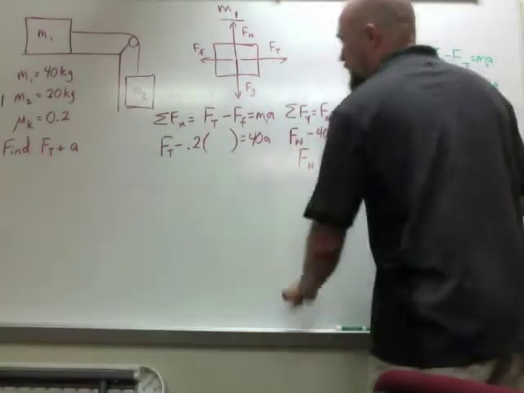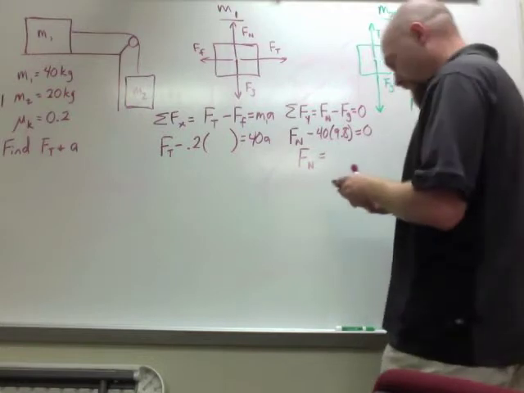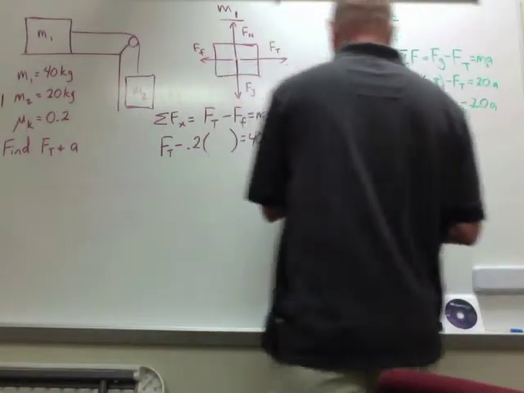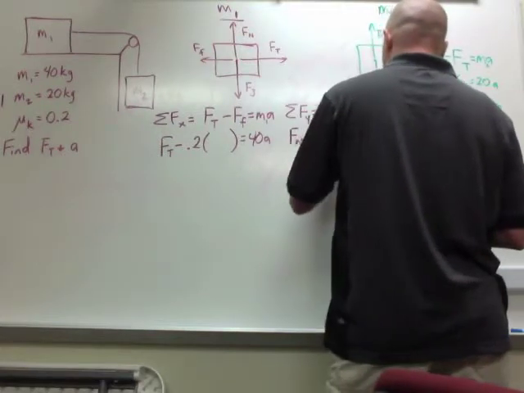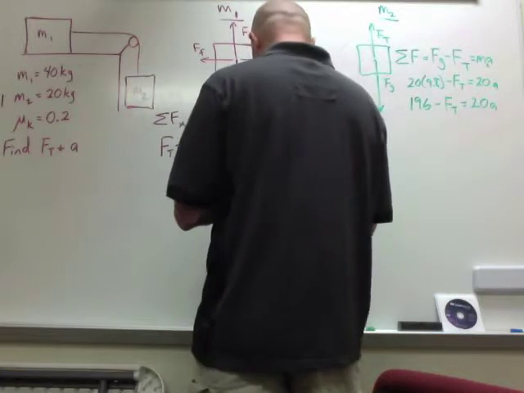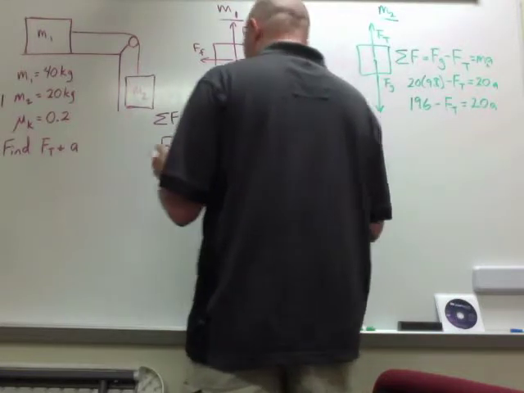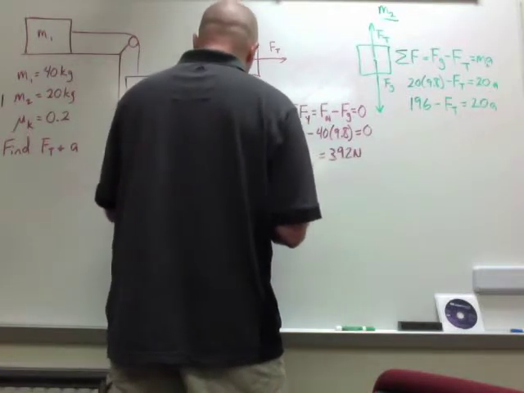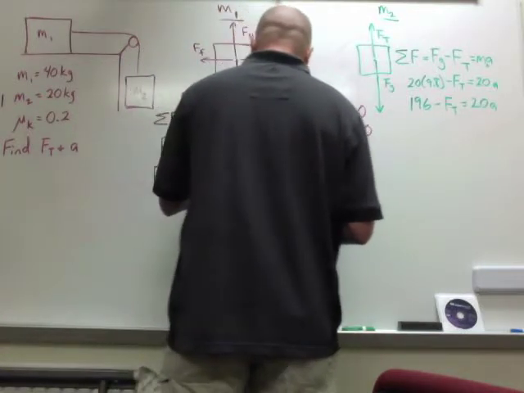And then on this one, 196 times 2, because that would be 40, it'd be 392. So this is 392 newtons, 392 times 0.2. And I get Ft minus 78.4 equals 40A. All right.